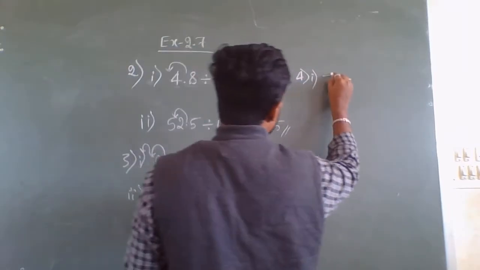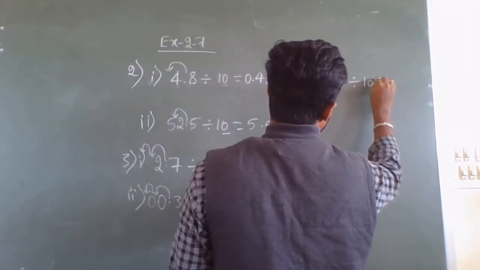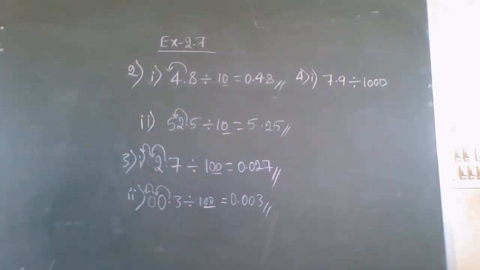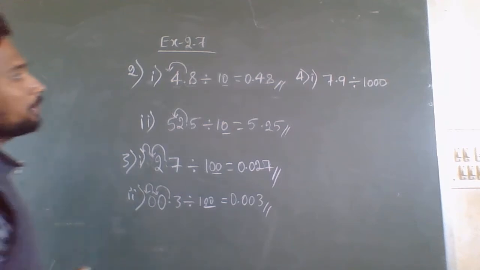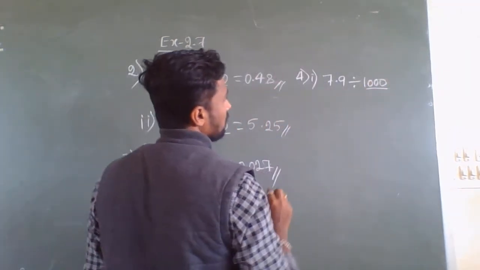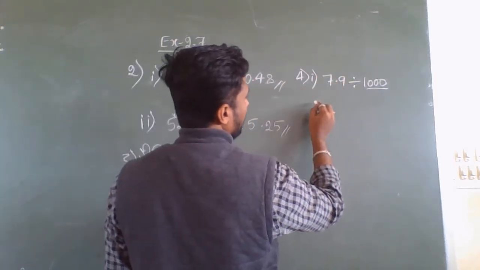So 7.9 divided by 1000. In 1000, how many zeros are there? In 1000, three zeros are there. So you should move this decimal point three steps towards left side.